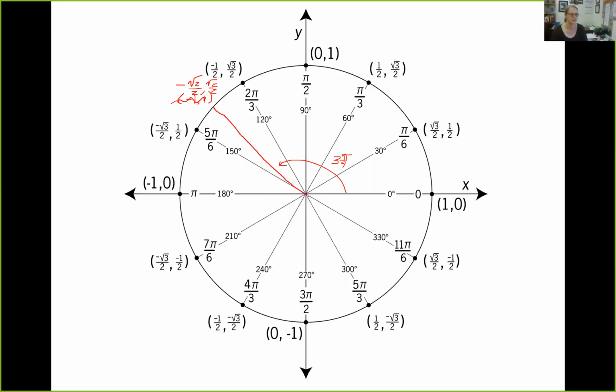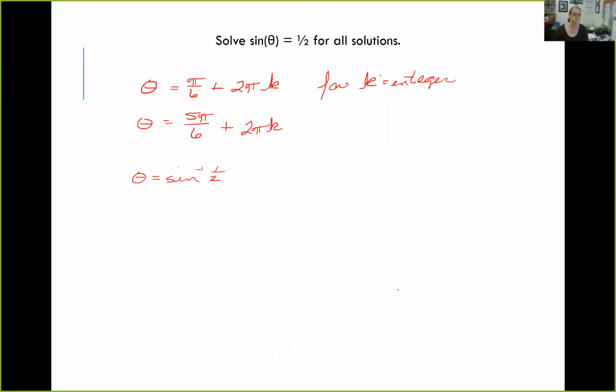And then the other place where this is going to be is clear down here at 7 pi over 4. And this time my coordinates are root 2 over 2 and negative root 2 over 2. So add this to your unit circle knowledge.